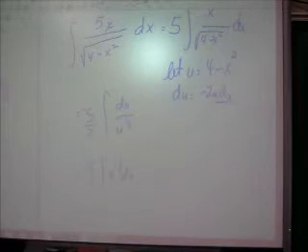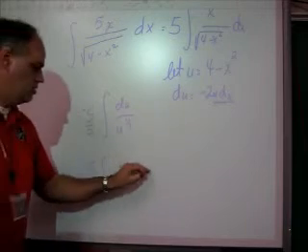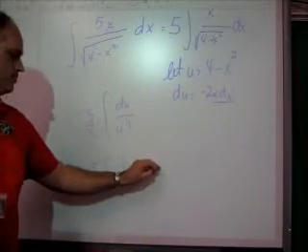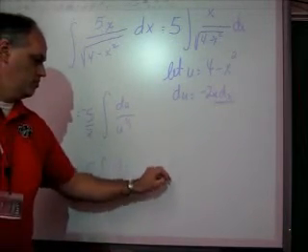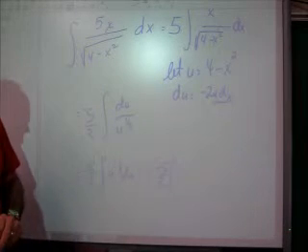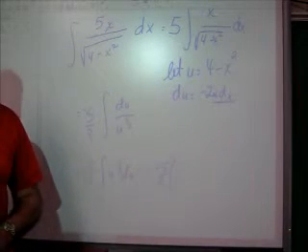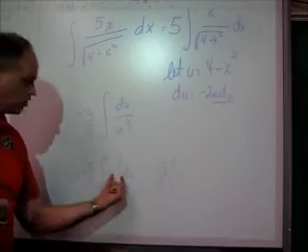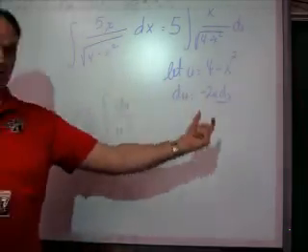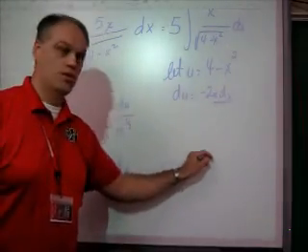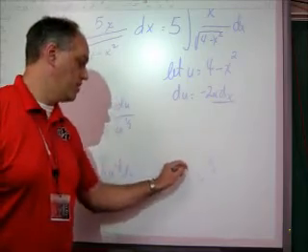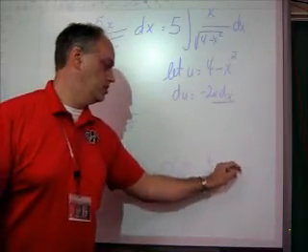Now, if I integrate u to the negative 1/2 du, what is that integral? The integral of u to the negative 1/2 becomes u to the 1/2, and then we multiply it by the reciprocal of the power, plus c.